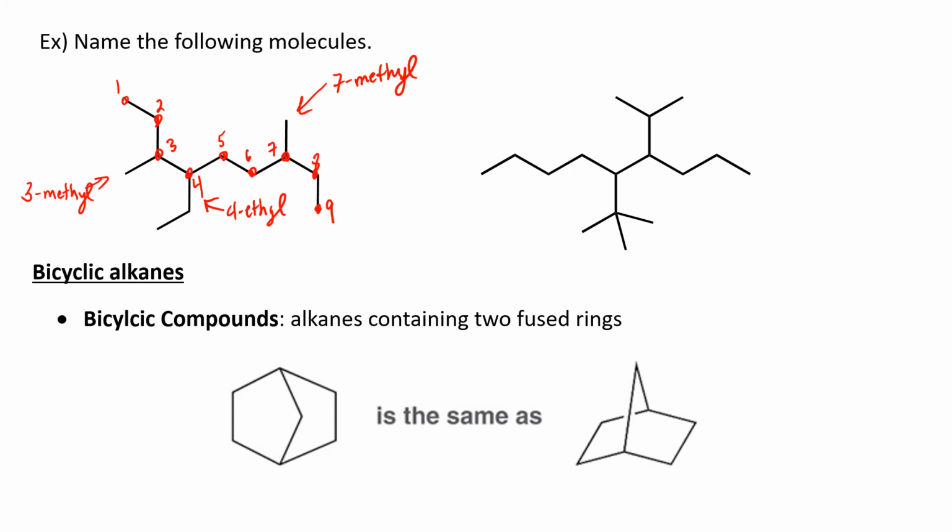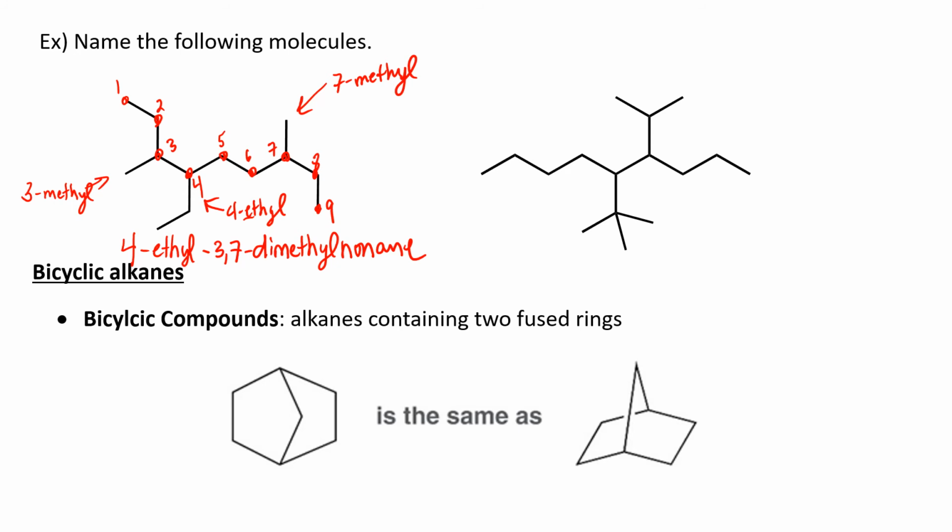Now let's put it all together. E comes before M, so I have a 4-ethyl, 3,7-dimethyl, nonene.